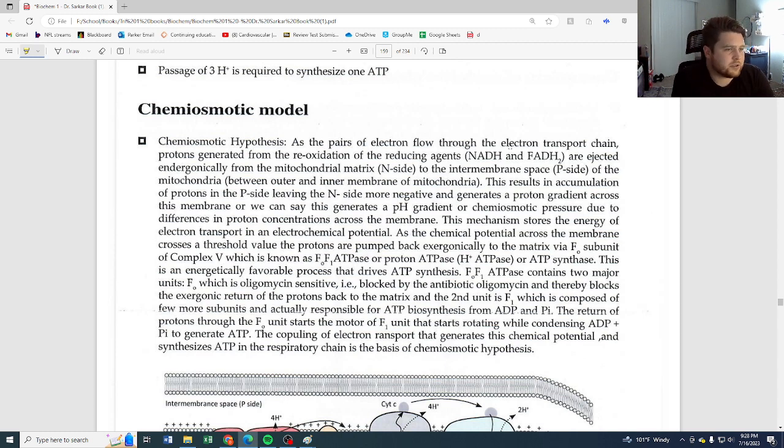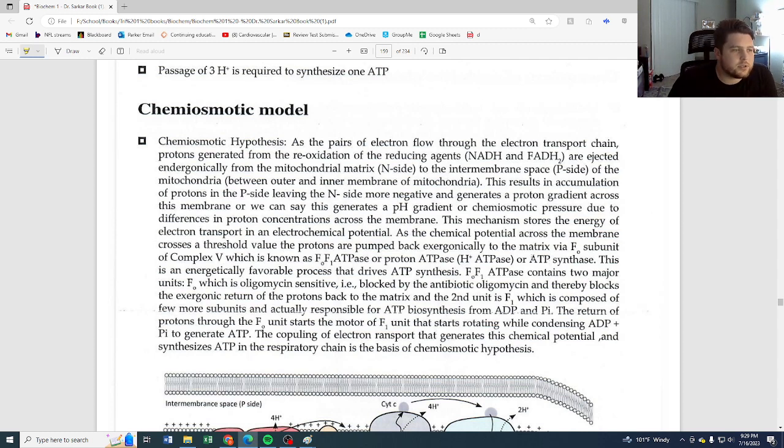As the chemical potential across the membrane crosses a threshold value, the protons are pumped back exergonically to the matrix via an F0 subunit of complex 5, which is known as the ATPase, proton ATPase, hydrogen ATPase, or ATP synthase.